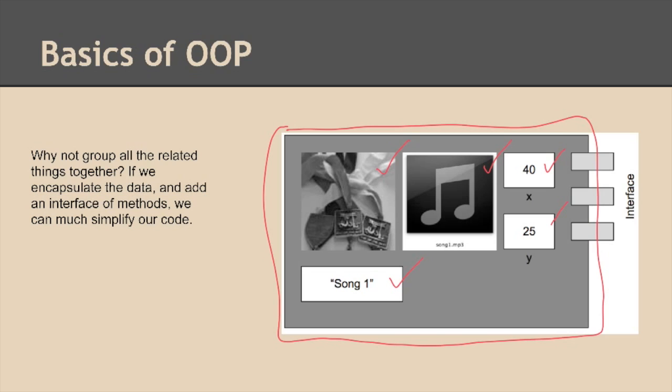And then we have a series of methods that we'll use to allow us to interact with that data as a whole rather than individually. And the benefit will be that this will help us to simplify our code, and we'll show you how much simplification we can achieve momentarily.